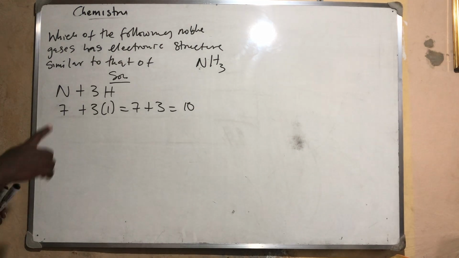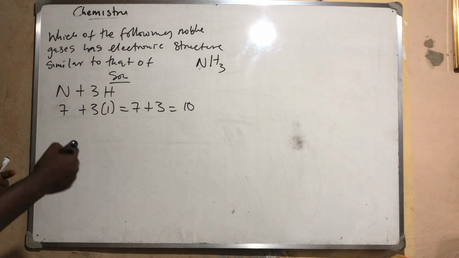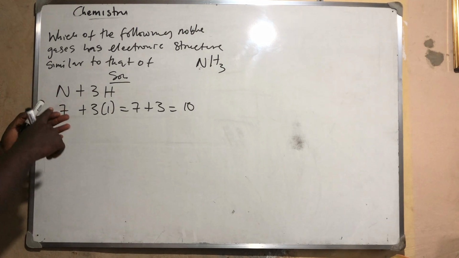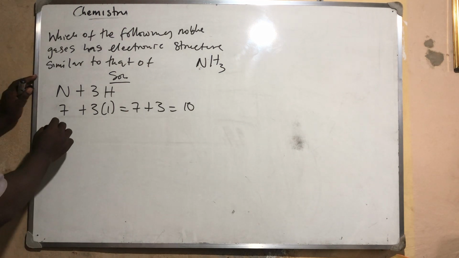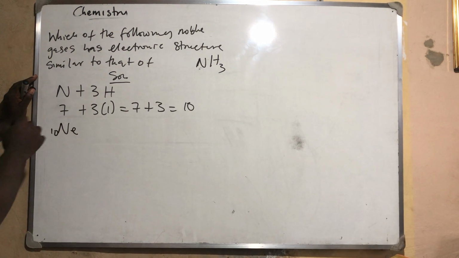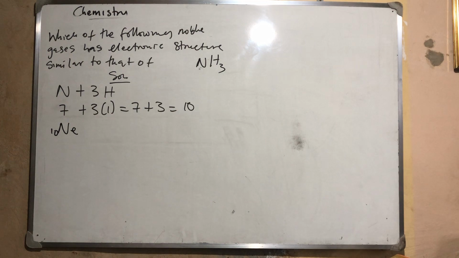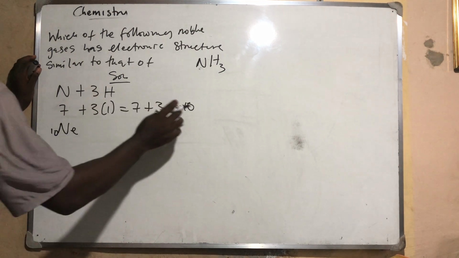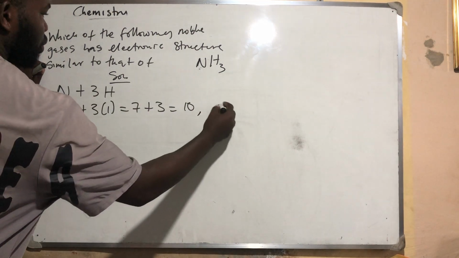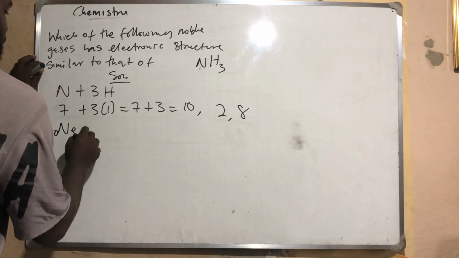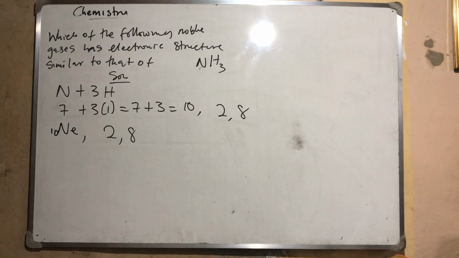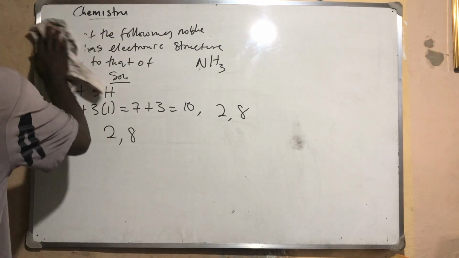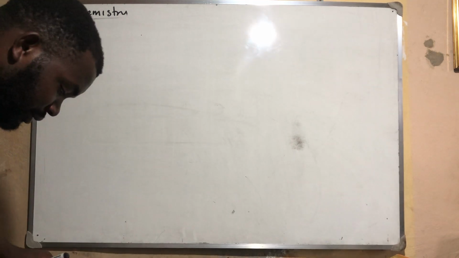Okay, so which element has 10? You count: hydrogen, helium, lithium, beryllium, boron, carbon, nitrogen, oxygen, fluorine, neon. So neon has 10 as well. So Ne has 10. So neon has the same electronic structure, because since they have 10, the electronic structure will be 2 8. So they have the same electronic structure. All right, so that is that.